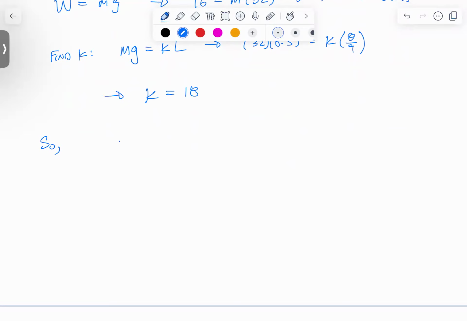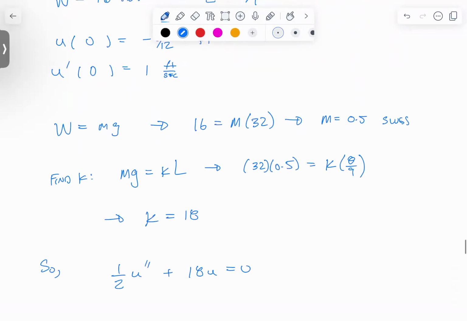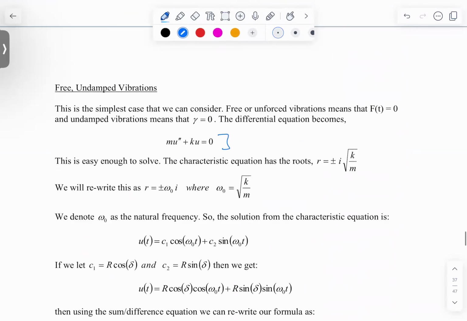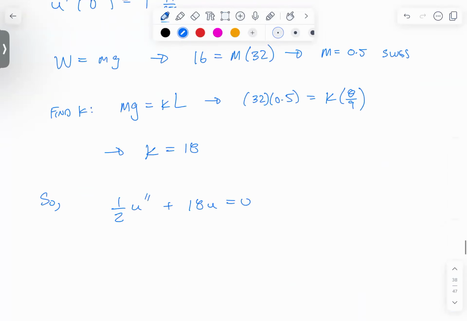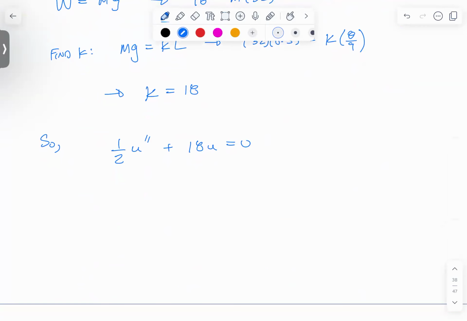So our equation becomes 1/2 u double prime plus 18u equals 0. We're starting with our general form here: second derivative, m u double prime plus k u equals 0. The only things I actually needed were k and m, and I can set up my equation.